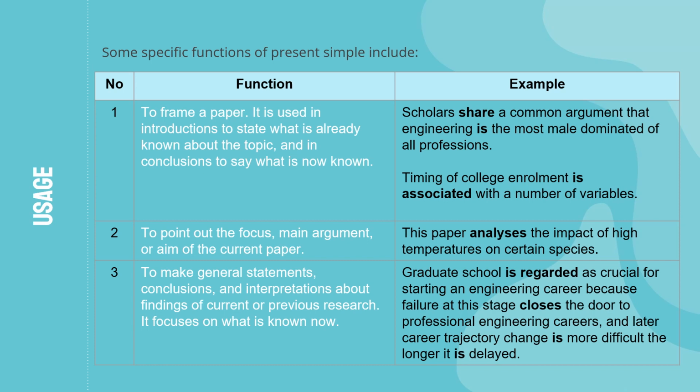Example: graduate school is regarded as crucial for starting an engineering career because failure at this stage closes the door to professional engineering careers, and later career trajectory change is more typical the longer it is delayed.